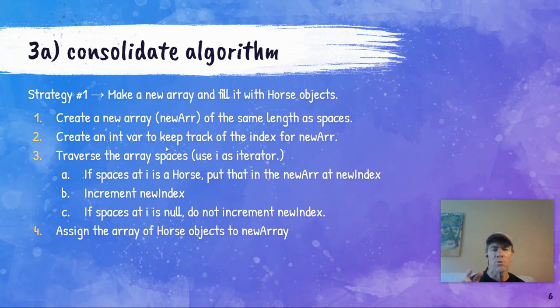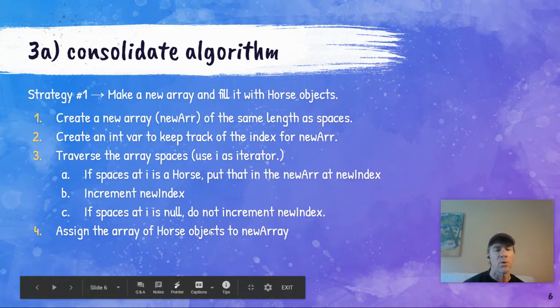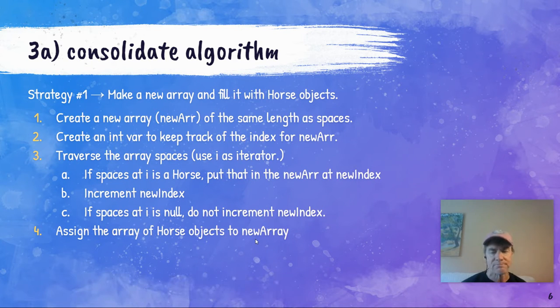I'm going to go through the array of horses, the old barn, the spaces array, looking to see is it null, and if it is not null, I'll put that in the new one, and then at the end I'm going to assign the horse array to that new object, and I just kind of swap them at the end. I don't know if that made sense, but that's what we're doing.